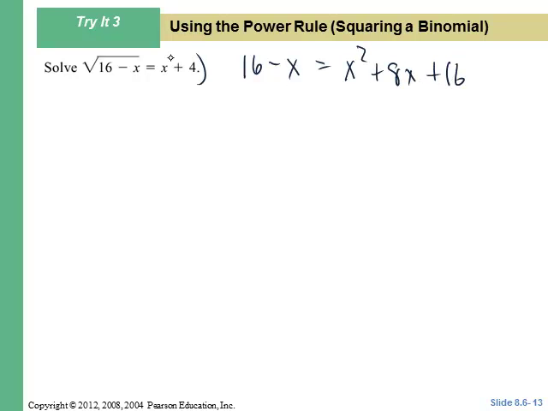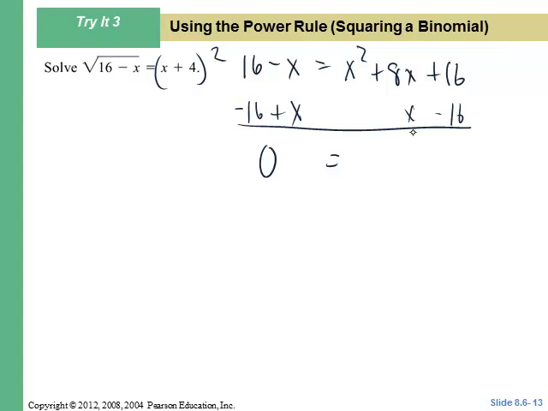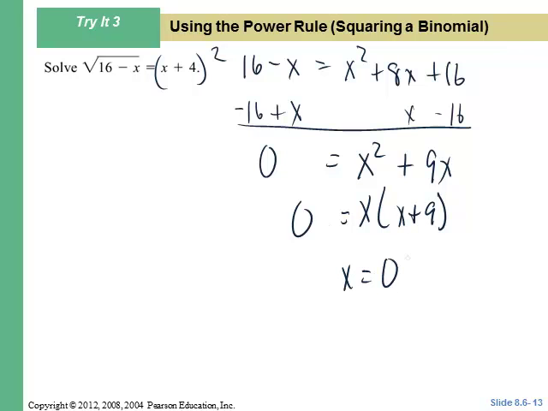You better start getting good at this squaring business because you're going to be doing it a lot. You want 0 over there, so you subtract 16 from each side, add x to each side, get x squared plus 9x, which factors into x, and x plus 9 equals 0. So x equals 0 or negative 9.